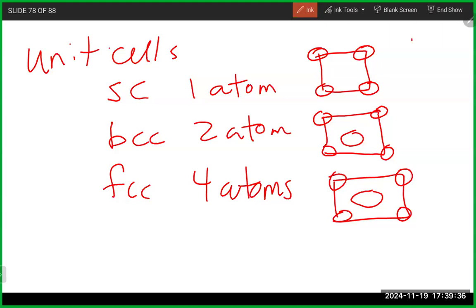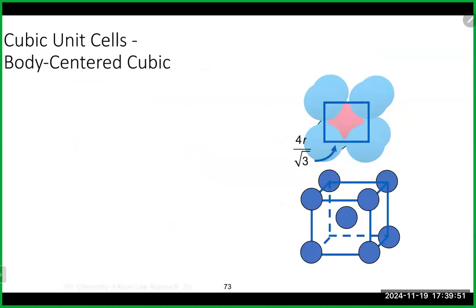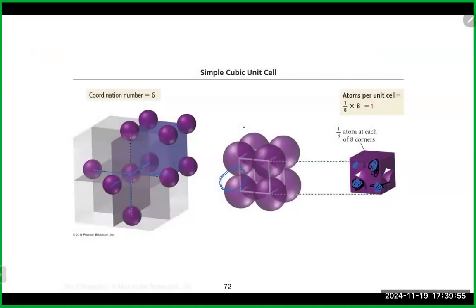So depending on how these solids crystallize, it may be one of these few types. This also gives some differences in terms of the length. We can find the volume of a cube by taking the length cubed. And remember that each of these has a different calculation for the length of the cell.